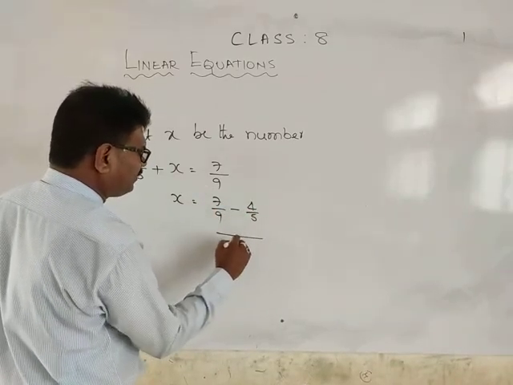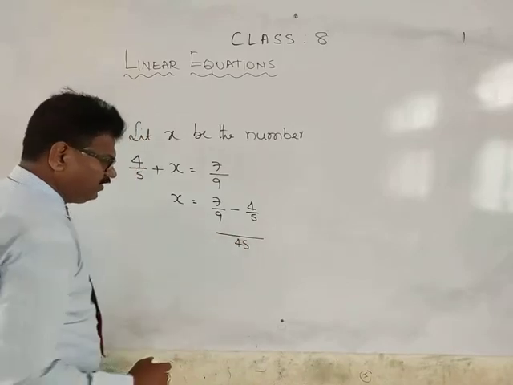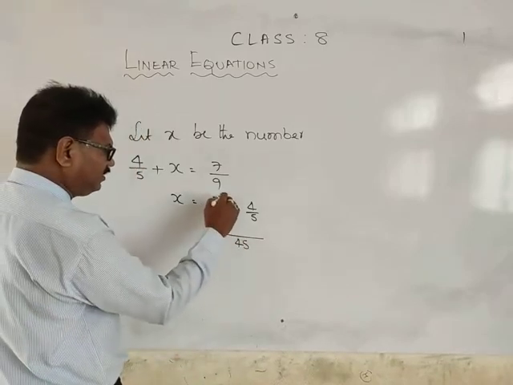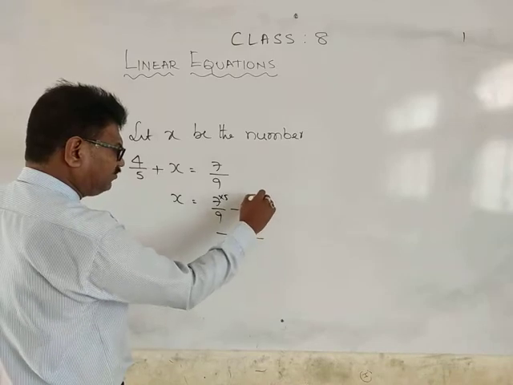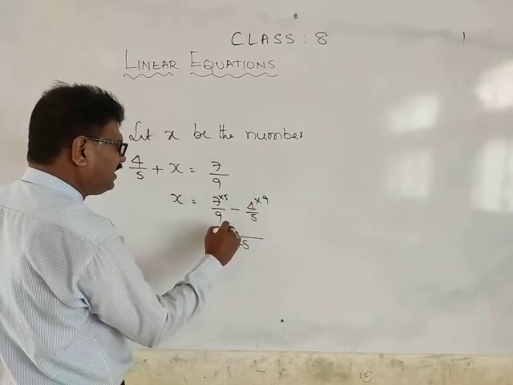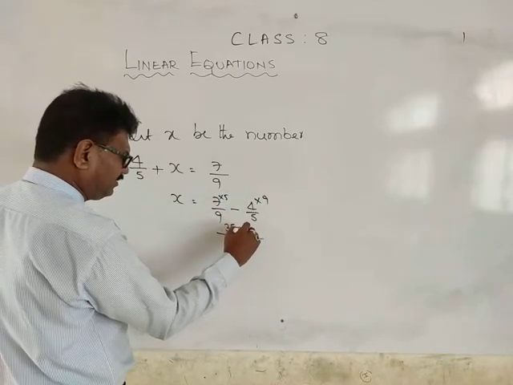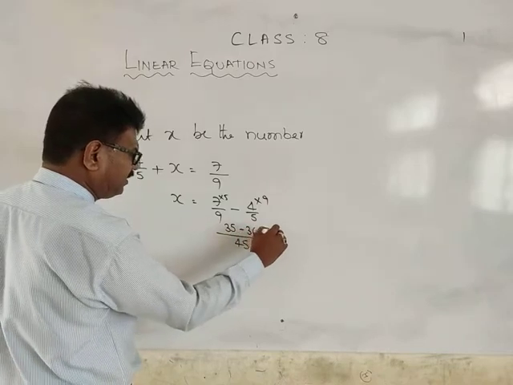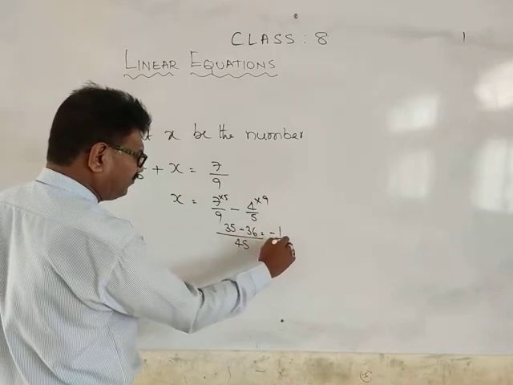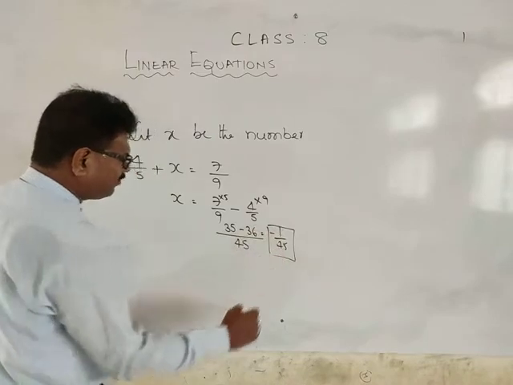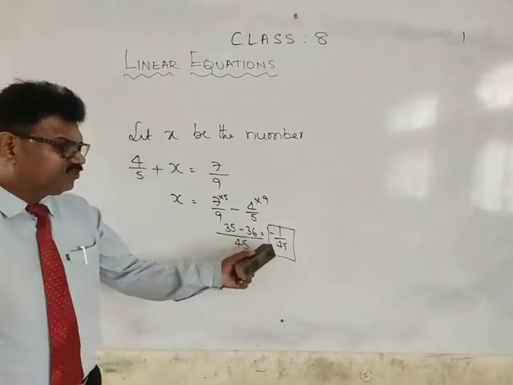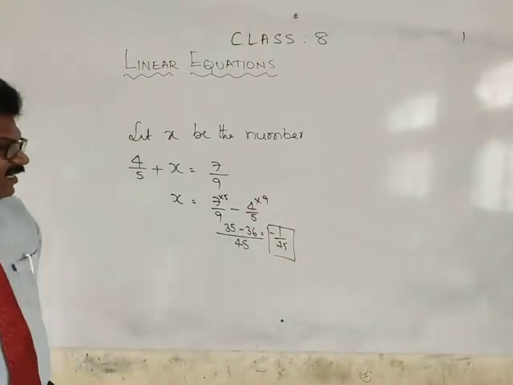So what is the LCM? 45. 5 sevens are 35, minus 9 fours are 36. It is nothing but minus 1 by 45. So minus 1 by 45 must be added.